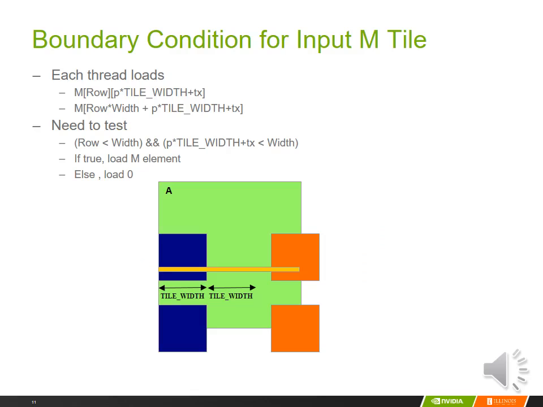In terms of implementation, we can now look at the boundary condition checking for loading the input M tile. The index that we're going to be using in two-dimensional notation will be M using row for the Y index and p times tile width plus tx for the X dimension.